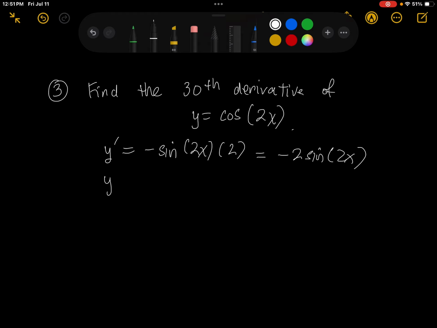Now let's find the second derivative. What do I get when I do that? I'm going to get negative 2 times cosine of 2x times 2.